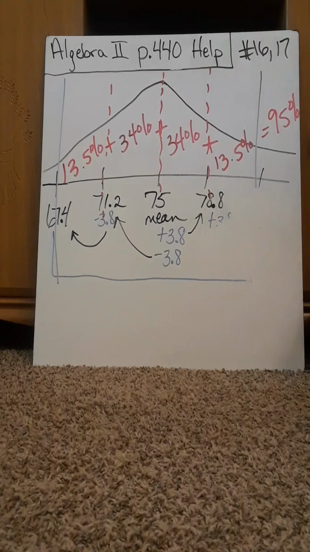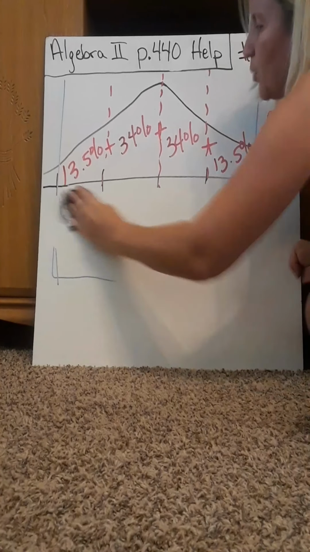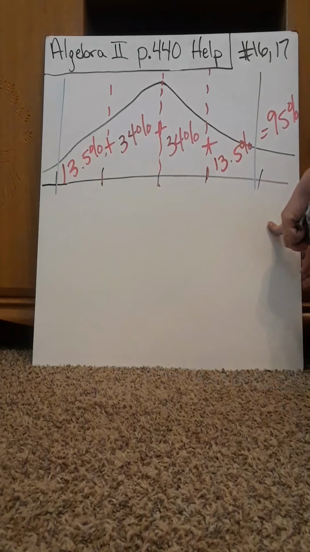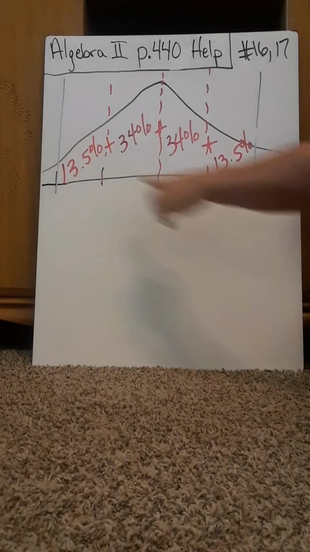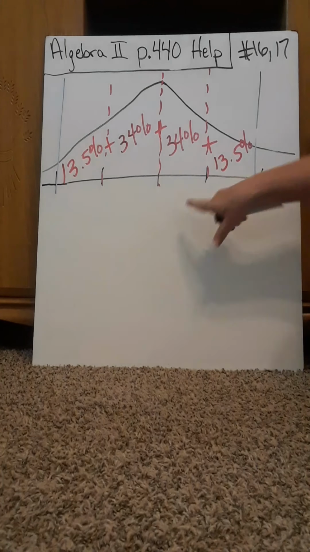I'm going to leave some parts of this because I can use some parts of this probably again in this problem. Notice I'm erasing the numbers in the number line because those numbers change. But I'm going to leave the basic picture with the percentages because the percentages don't change. It's the numbers on the number line that do, but not the percentages in your bell curve. Okay? So again, we need to go all the way up above number 15 to create our number line.